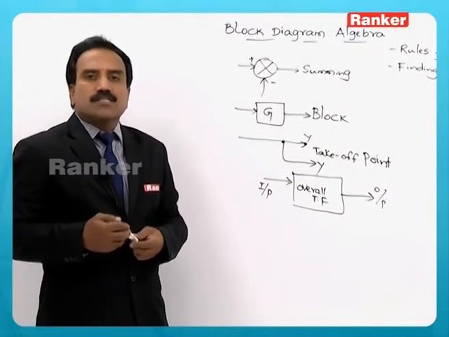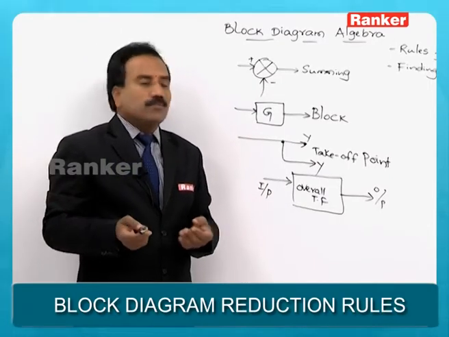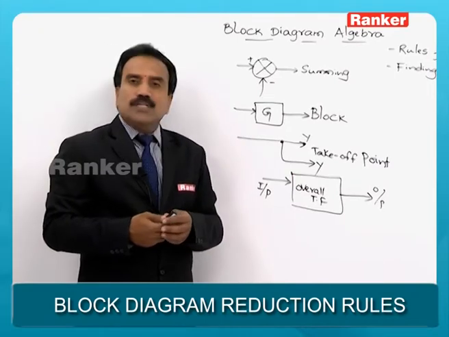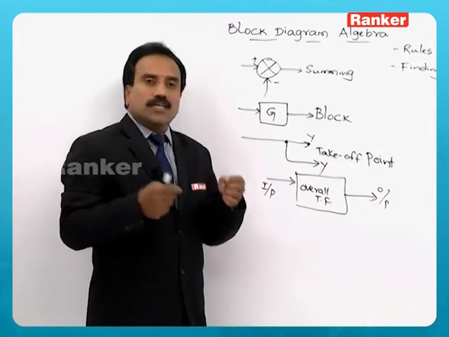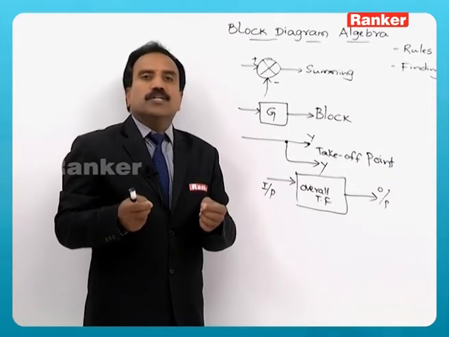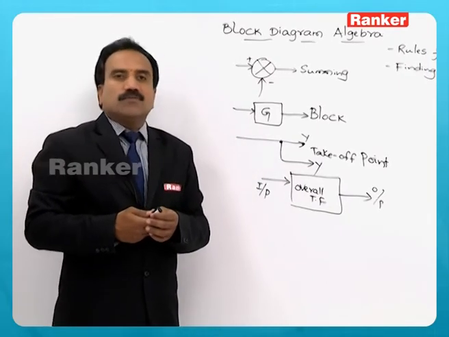What kind of analysis we do with the help of the transfer function comes later, but today we will try to focus on what are the rules developed to reduce the given complex diagram into a single block and finding the overall transfer function.